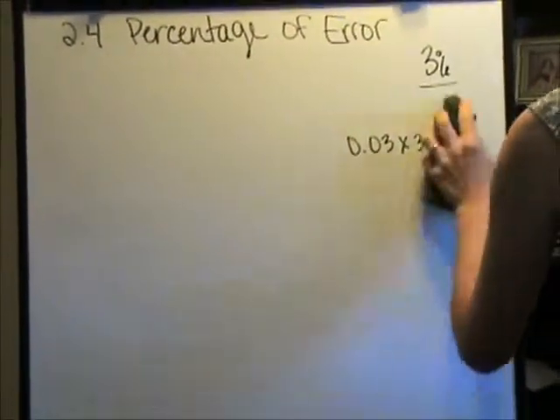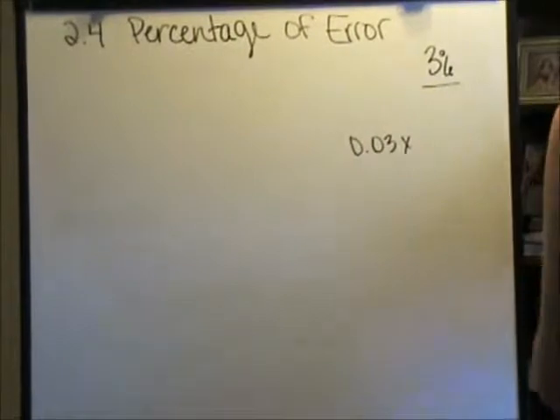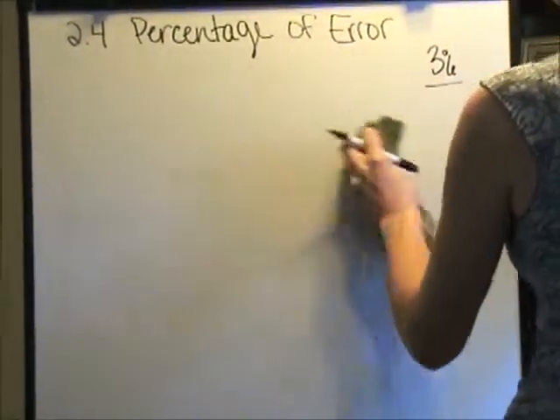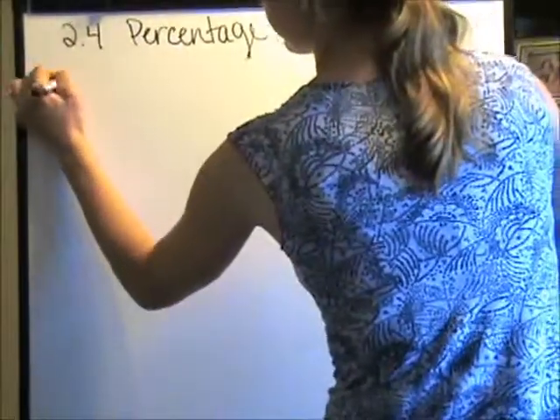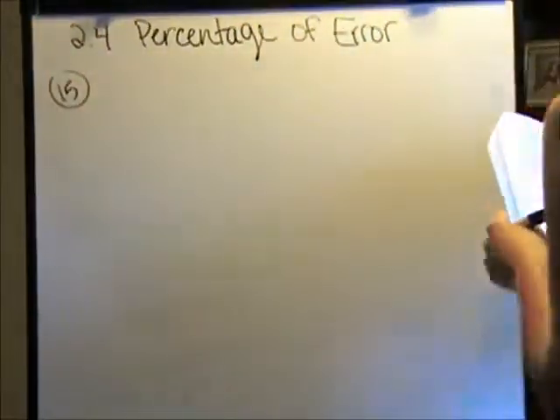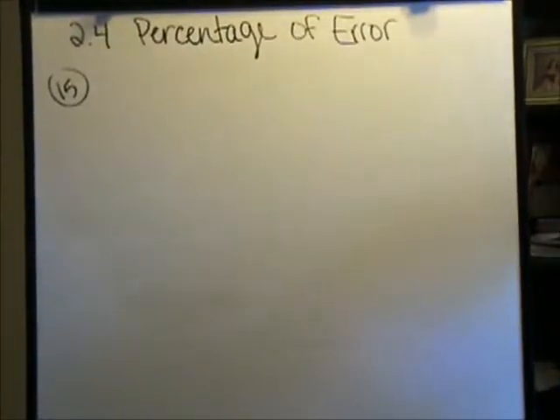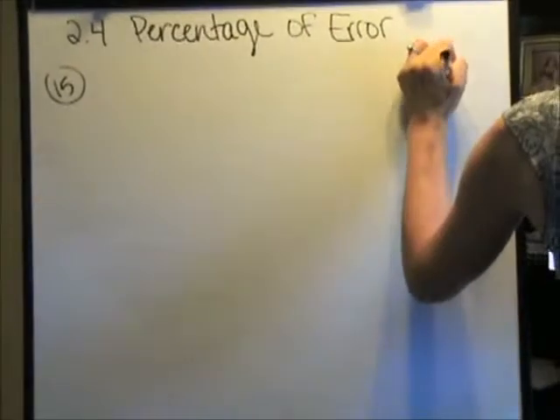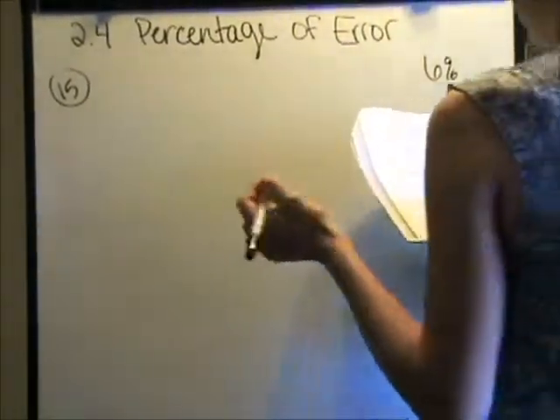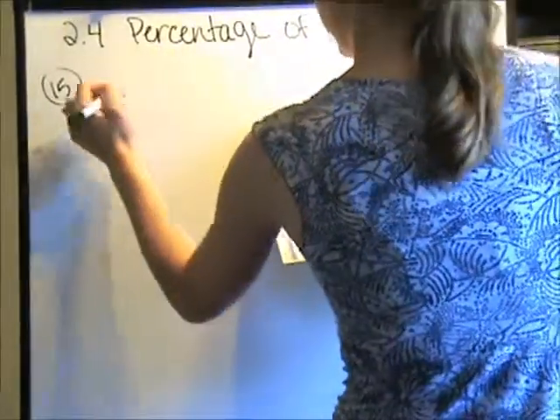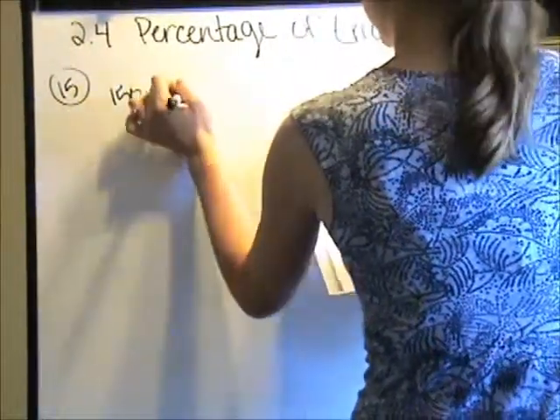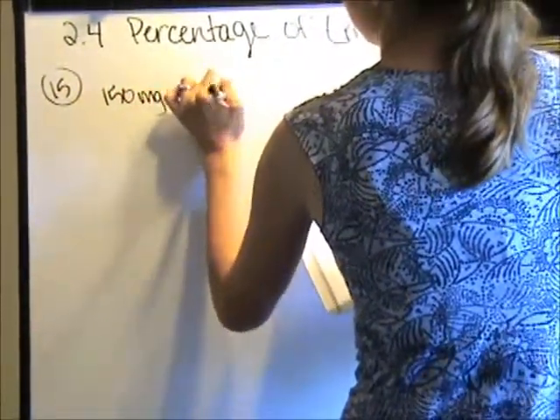All right, let's do one more. Number 15. The directions for number 15 are a little bit different. Determine the percentage of error for the following measurements and identify those within a 6% margin of error. So the measured weight was 150 milligrams, but the actual weight is 149 milligrams.